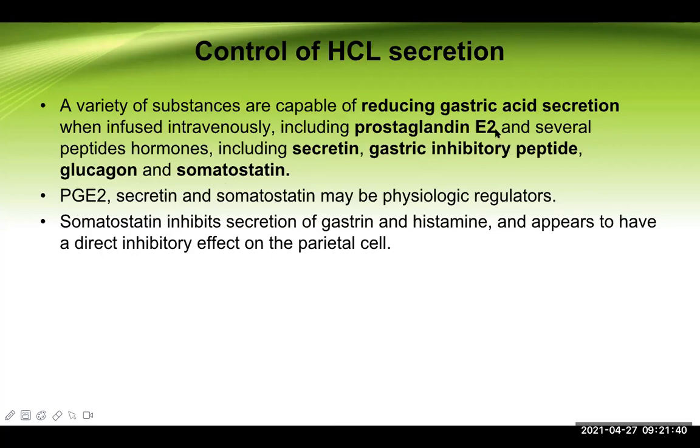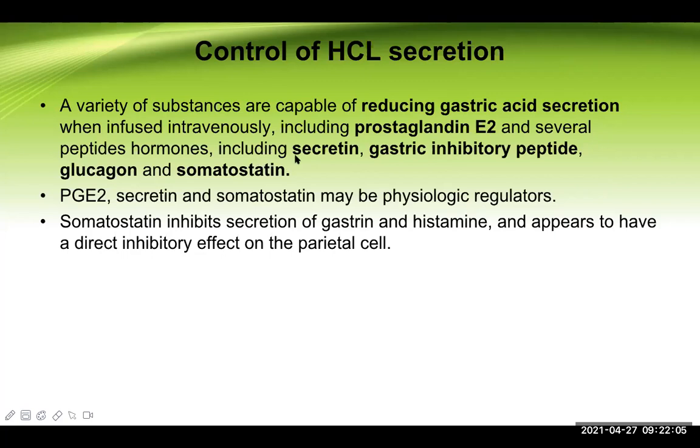Analogs of prostaglandin, known as misoprostol, can be used for the treatment of peptic ulcer disease. It has two functions: one, it directly decreases the production of hydrochloric acid, and another, it also stimulates the synthesis of mucus, and the mucus coats the ulcer and really helps.